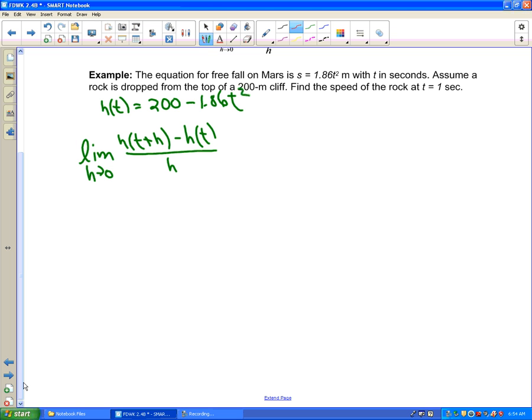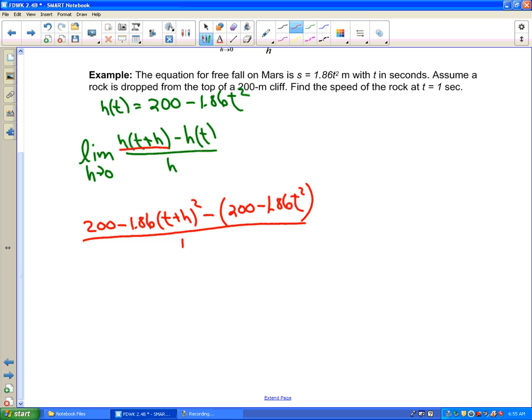So h of t plus h is going to be 200 minus 1.86 times t plus h squared. Then h of t is 200 minus 1.86 t squared. That's all going to be over h. As we simplify the numerator, we have 200. We square this. The square is going to be t squared plus 2th plus h squared.